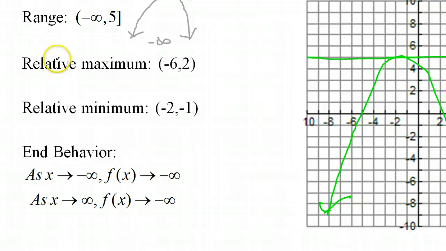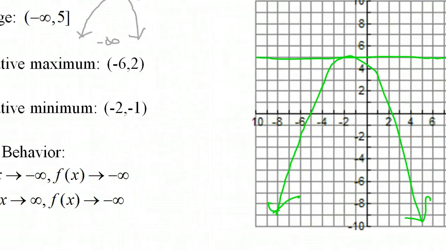But the graph is supposed to have a relative maximum at negative 6, comma 2. And a relative minimum at negative 2, comma negative 1. Okay. So, keeping in mind that this green line here is the ceiling, we're supposed to have a relative maximum at negative 6, comma 2.